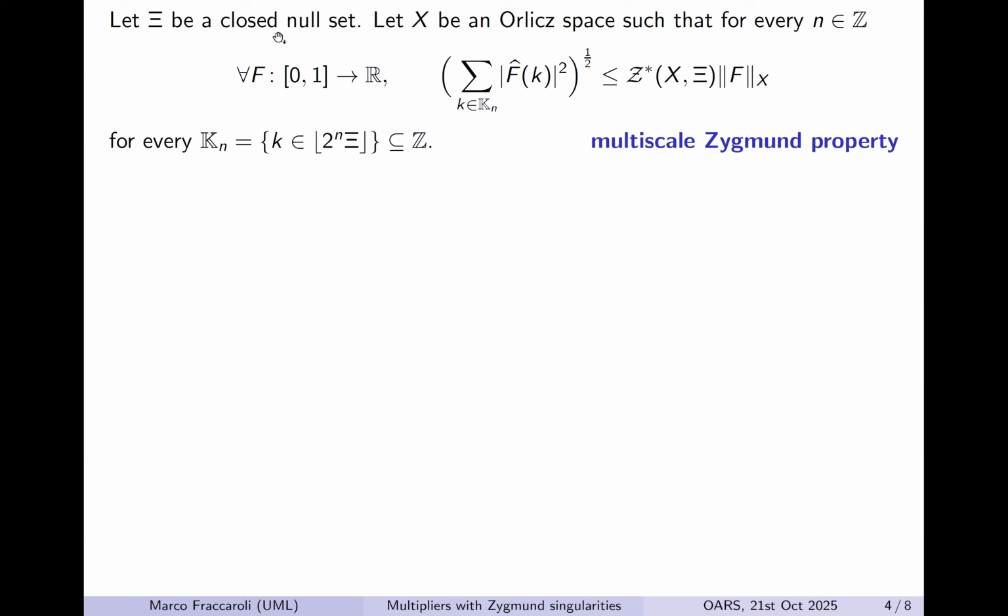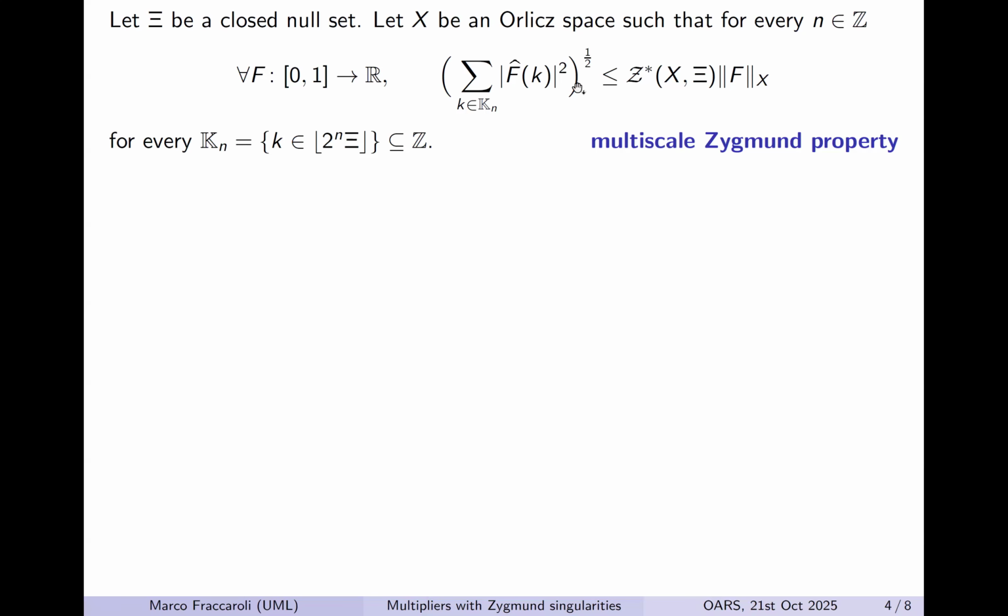And now, given Xi and X, suppose that we have a so-called multiscale Zygmund property in the following sense. Take our set Xi, and you rescale it with 2 to the n, and then go to the nearest, closest integer frequencies.